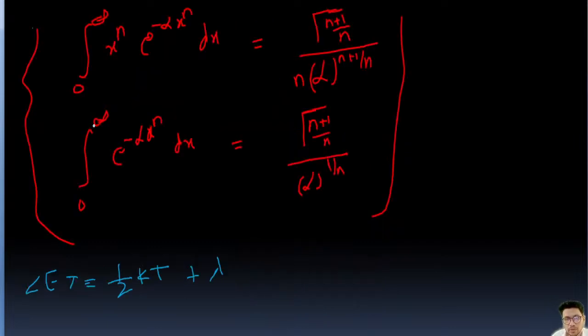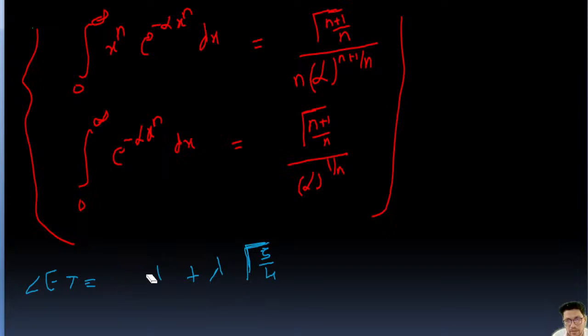We'll use this formula, and this is going to be gamma, n is 4, so gamma of (n plus 1) means 4 plus 1, that is 5 by 4. Gamma 5 by 4.